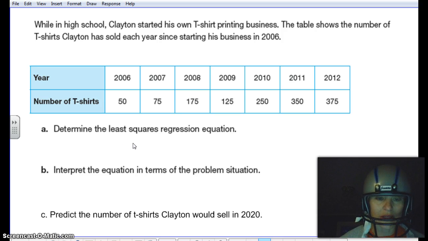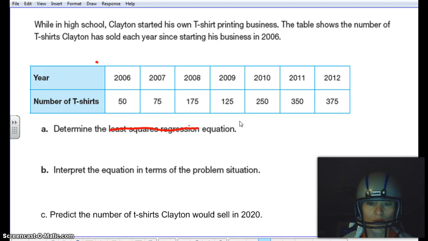So we need to determine the least squares regression line, which, if you remember, can be called several things. We've called it the line of fit or best fit.